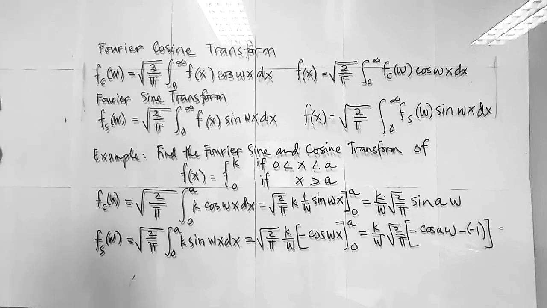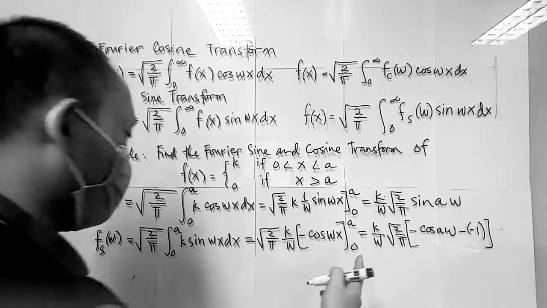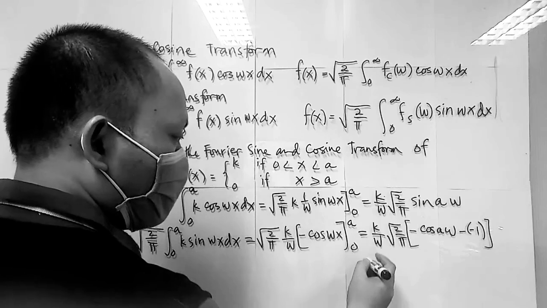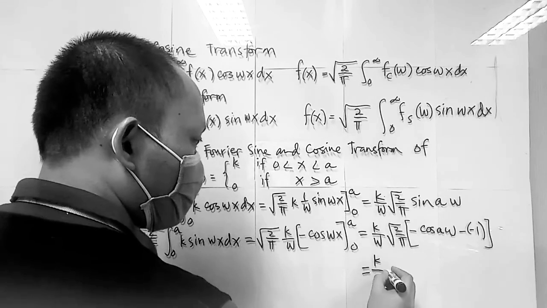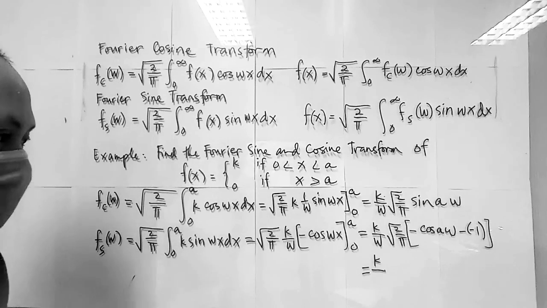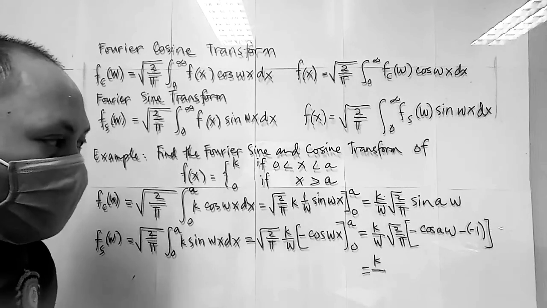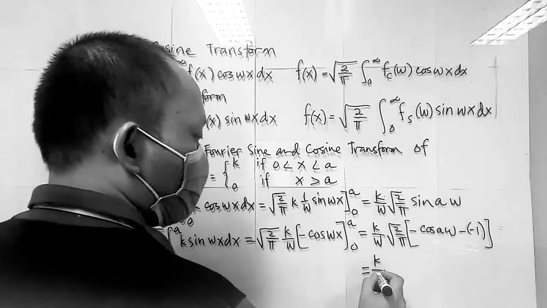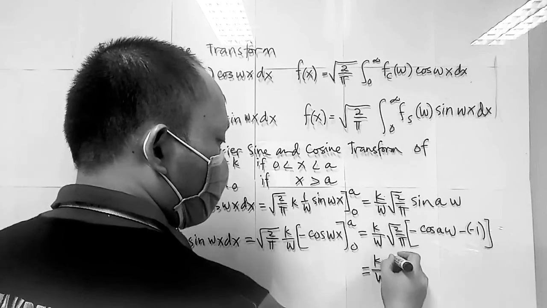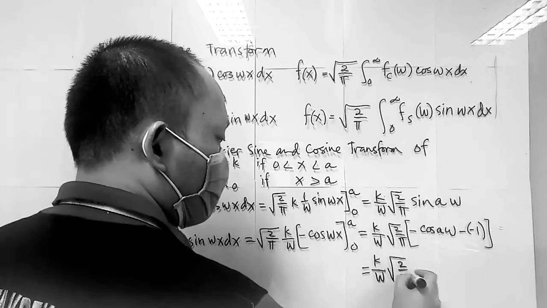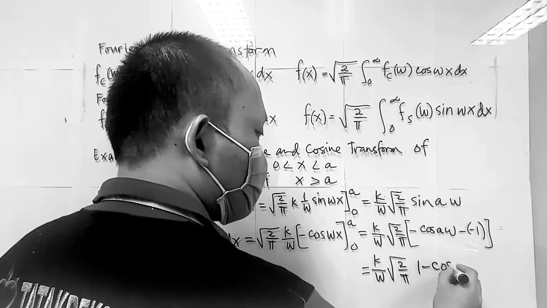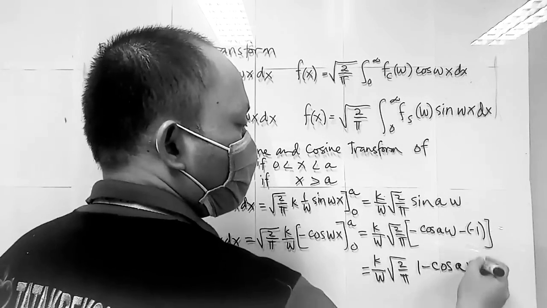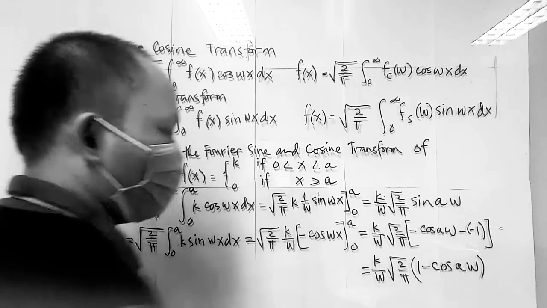Okay, so when we distribute this one, that is equivalent to k over w, square root of 2 over pi, and then 1 minus cosine of aw.